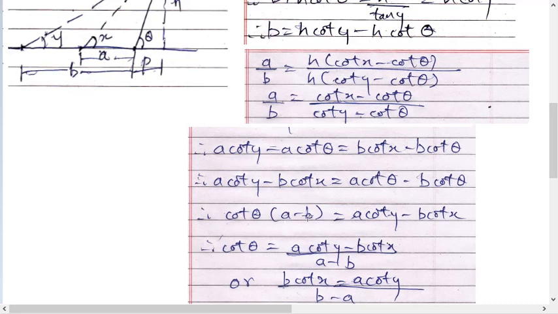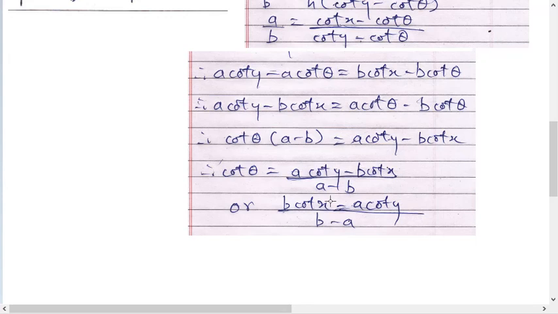Therefore cot theta equals to a cot y minus b cot x upon a minus b. That is the required answer, or check what is given in the exam options, or you can write it as b cot x minus a cot y upon b minus a, one and the same. Or if it's given in the exam in terms of sine cos, then convert this to sine cos. But generally this much is kept as the answer in the exams.